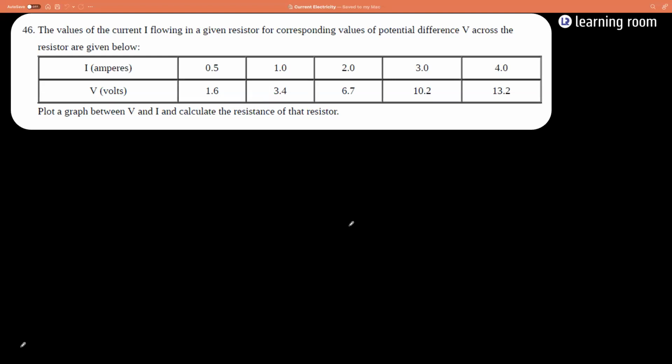So the values of I flowing in a given resistor for corresponding values of potential difference across the resistor are given as below. Plot the graph between V and I and calculate the resistance. So where should I take V and where should I take I?